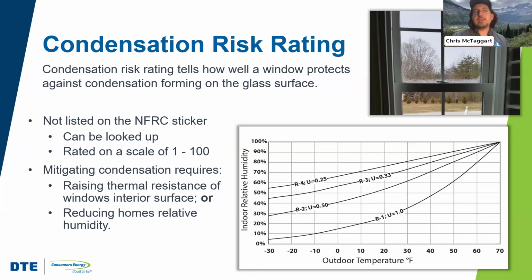So it's not necessarily always as simple as the lower the U value, the better the condensation performance. There can be some nuances where that's not necessarily correct, but in general, better thermal performance is going to lead to better condensation risk mitigation.